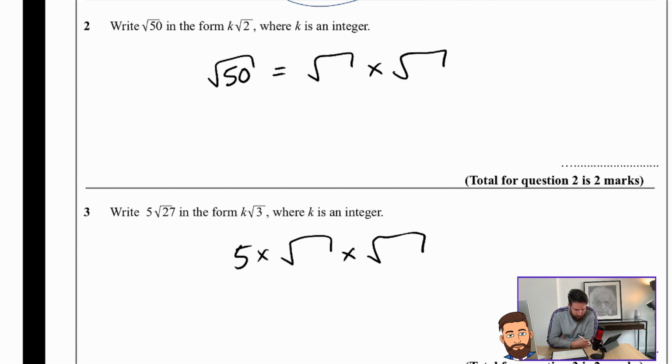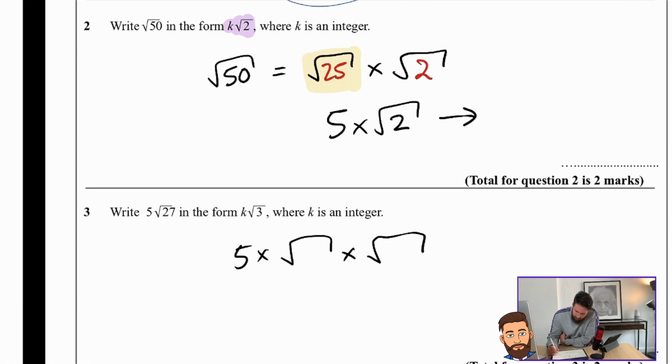Okay, so hopefully for number 2, you realised to simplify. That's what this is asking you to do. They've told you what your answer needs to look like. You split 25 and you should spot instantly this is useful because 25 is a square number. Therefore, this will become the square root of 25 is 5 times root 2, which can be written in a lazy way as 5 root 2.